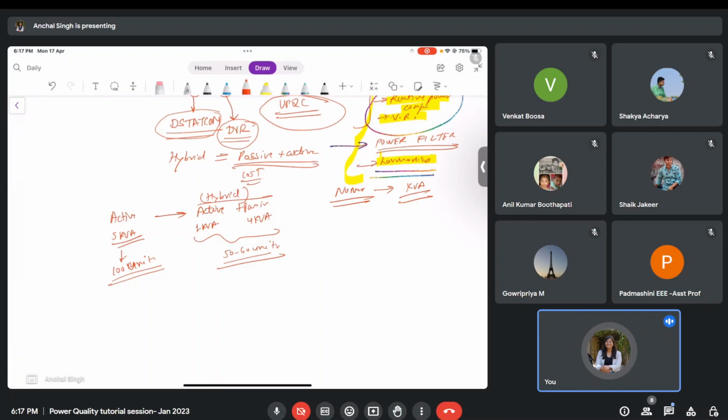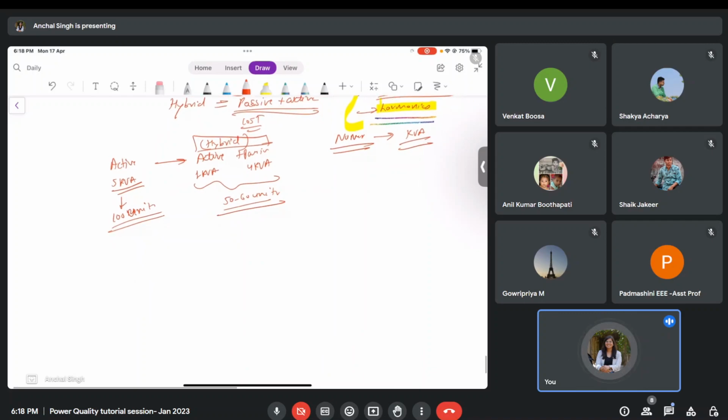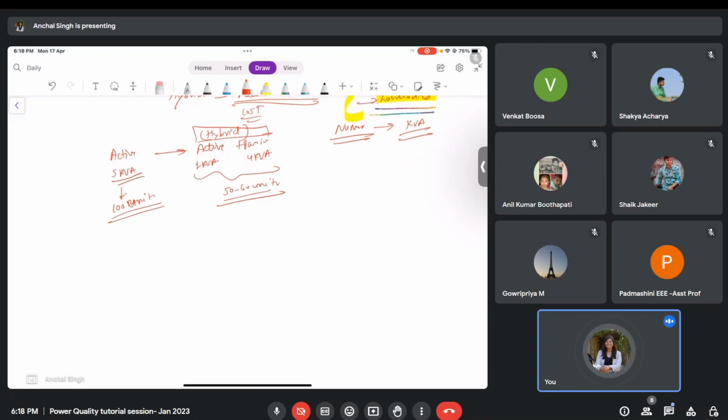Hybrid has become one of the most popularly used converters. In order to save the cost and to provide a bit of flexibility to the compensators, people have started using a combination of both passive and active. While discussing the hybrid filters, we saw that hybrid filters are nothing but a simple combination of active and passive, and all the principles and design rules that we derived for active and passive will be applied to hybrid.